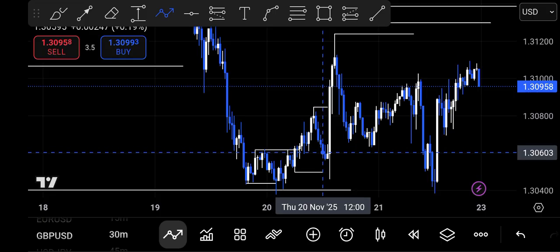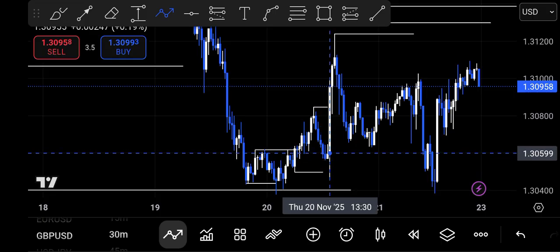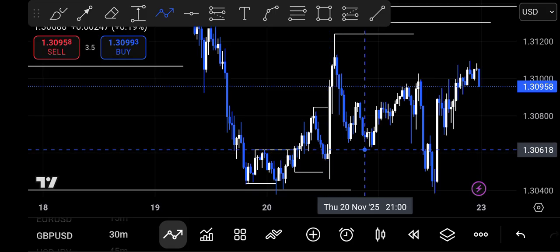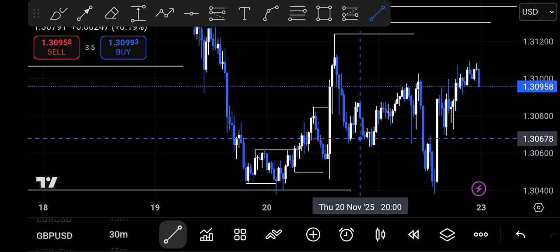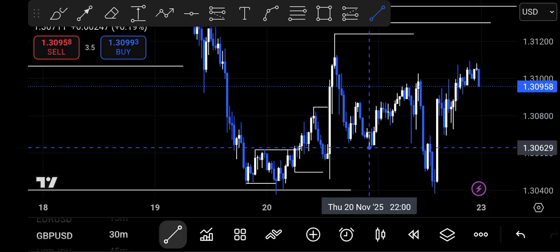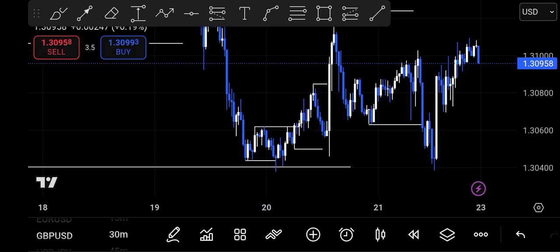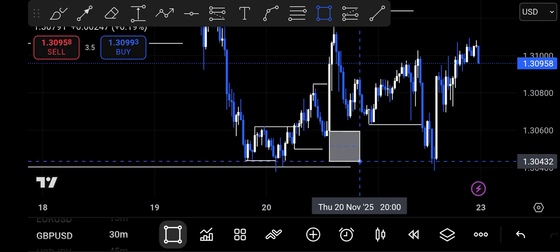This also indicates institutionals are in the market. They are loading up, they are buying orders somewhere around here, and gives us inducement again somewhere around here. So I use this as my inducement, and I use this leg as my POI.